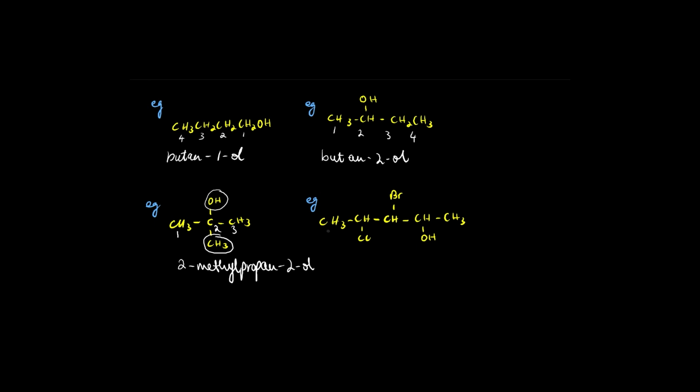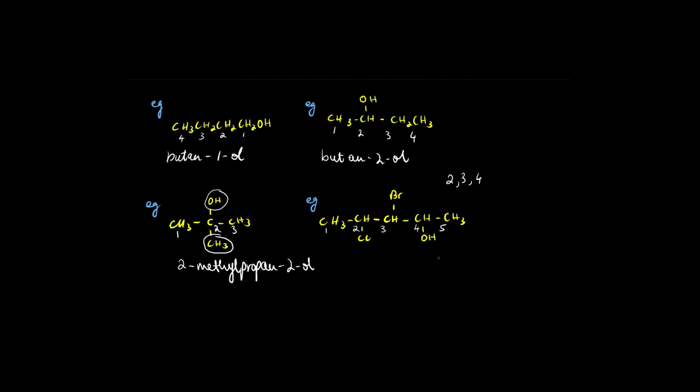Now the next example is a bit complex, so let's look at it. Now this we could number from the left hand side and the right hand side. If we number it from the left hand side, we would get these numberings, and the numbers for the substituents that we would get would be 2, 3 and 4.